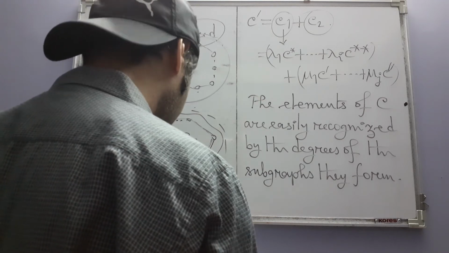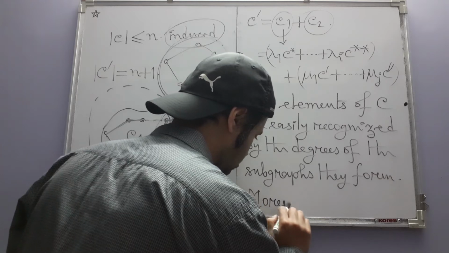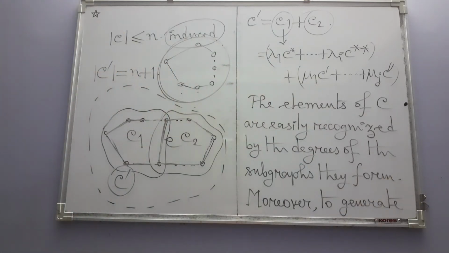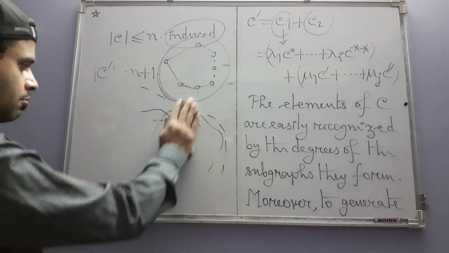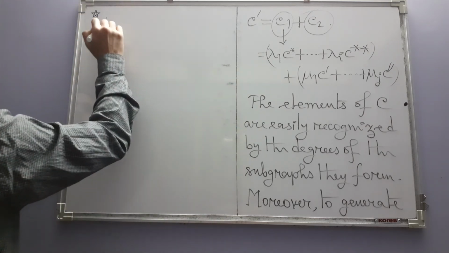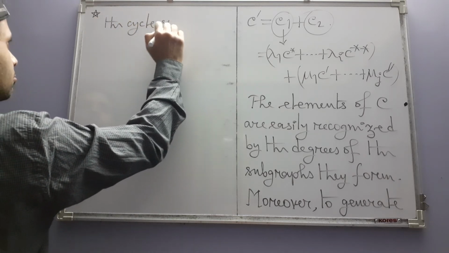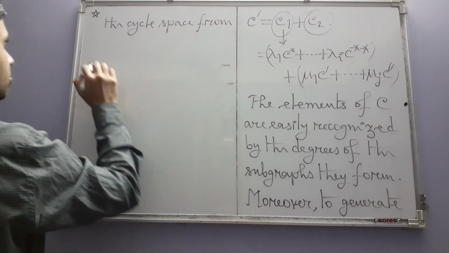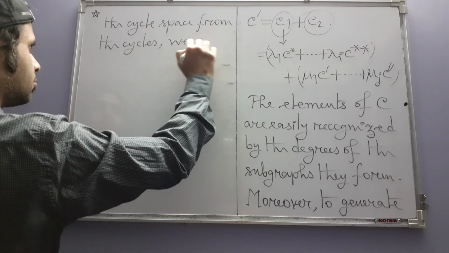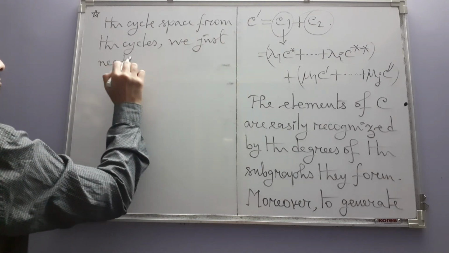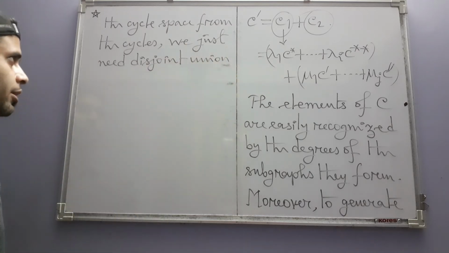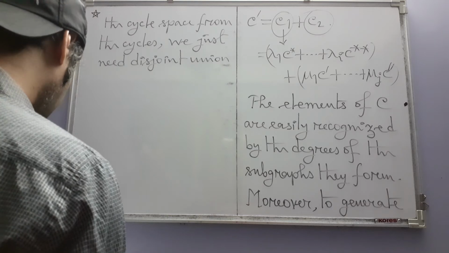Moreover, to generate the cycle space from cycles, we just need disjoint union rather than arbitrary symmetric difference.